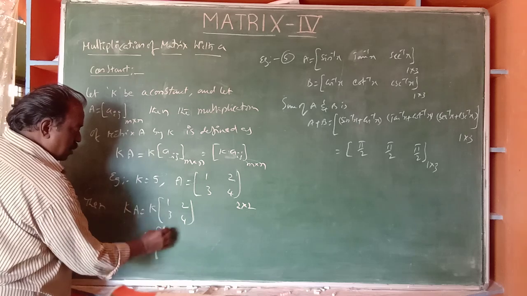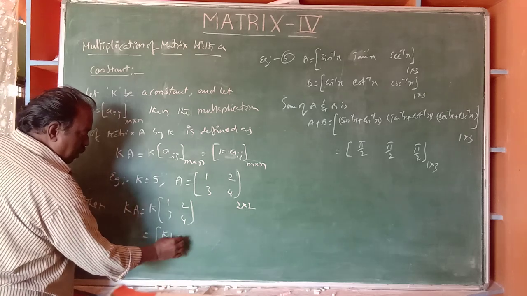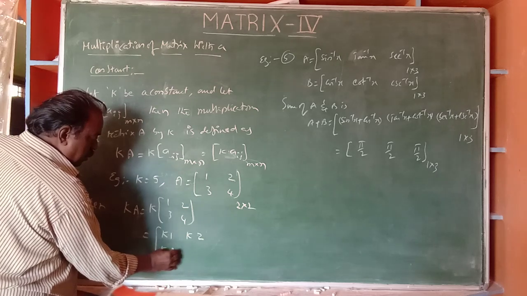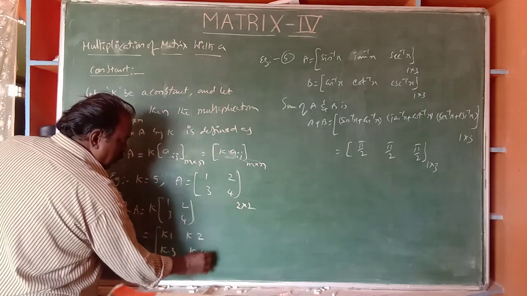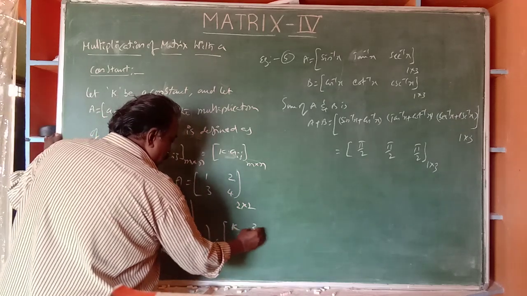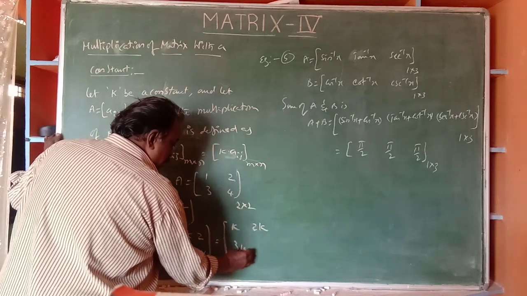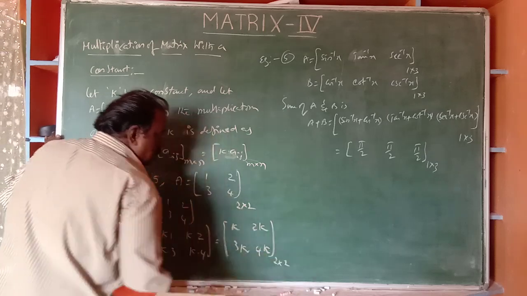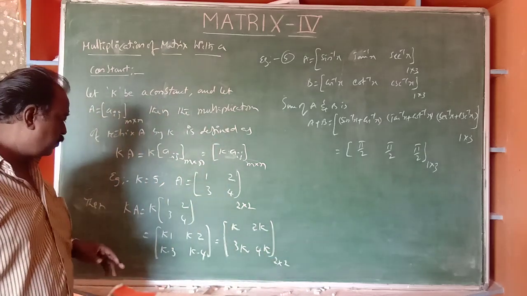It is K into 1, K into 2, K into 3, K into 4. That is K, 2K, 3K and 4K. Okay now? The order will not be changed.